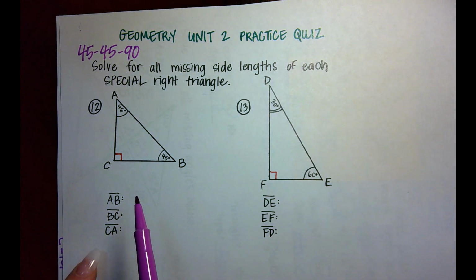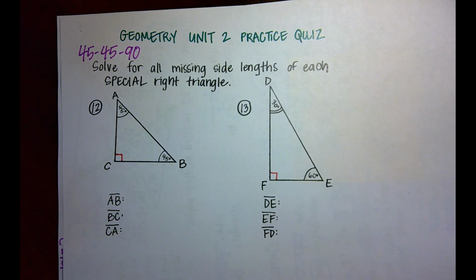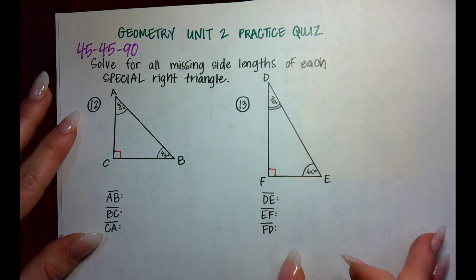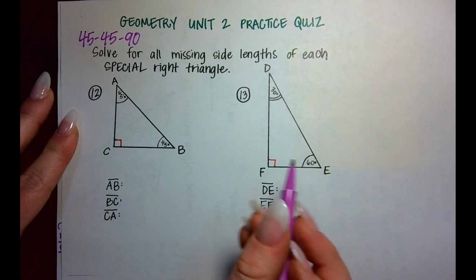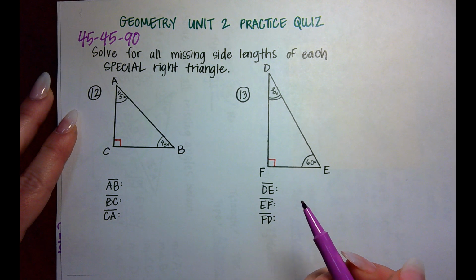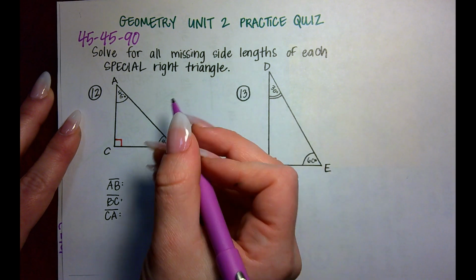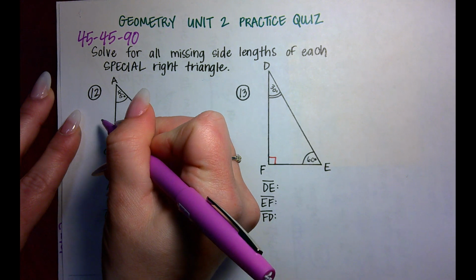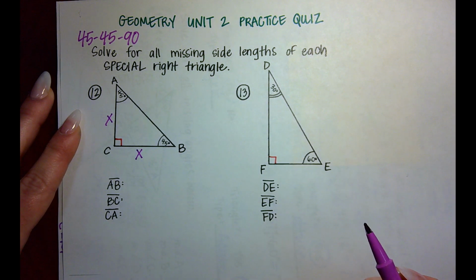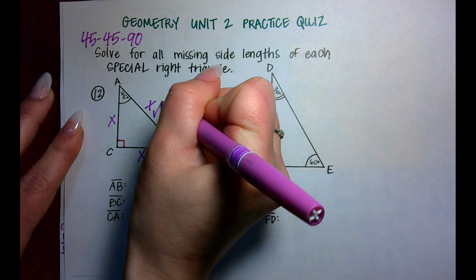And do you remember how we would label the sides in terms of X? X, X, and X radical 2. Good.